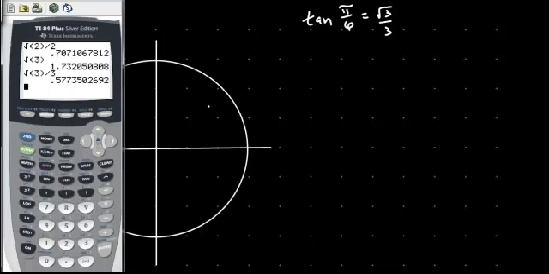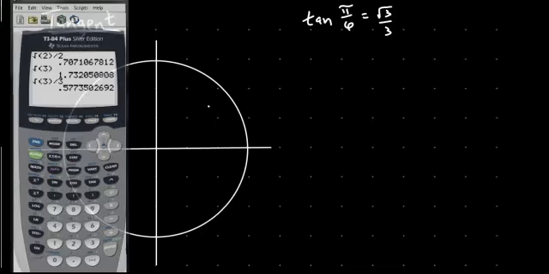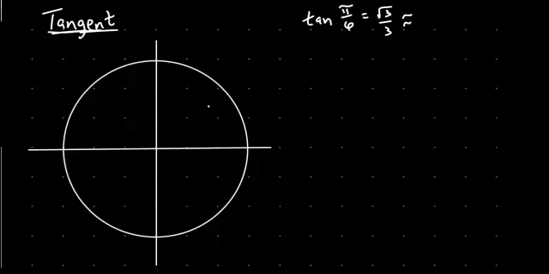Root 3 over 3 is about 0.577. And that means at pi over 6, the slope of that line there is about 0.577.